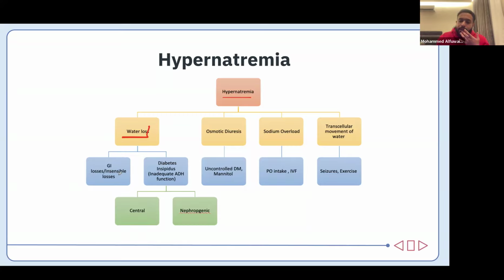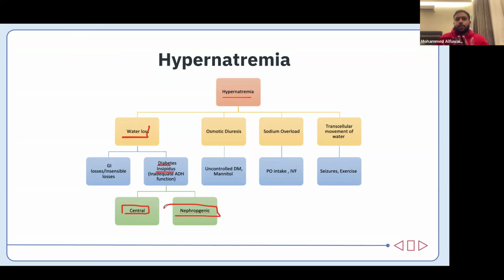Okay. Now, in diabetes insipidus, what's happening is this. In diabetes insipidus, you have a defect in ADH function. Whether you have complete absence of ADH, which is in central diabetes insipidus, or a lack of response to ADH. So what's happening in this case in your patient is they'll have polyuria.